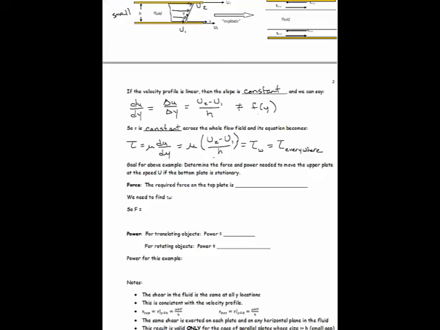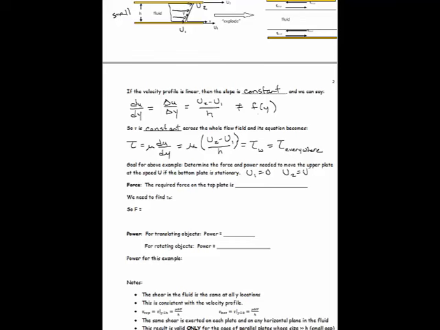All right, so let's go one step further and look at the force. Still for that same example where you have the one plate moving, let's say that the bottom plate is stationary, so u1 equals 0 and u2 equals u, the speed of the top plate. Let's figure out the force required on the top plate to keep it moving at that speed u.